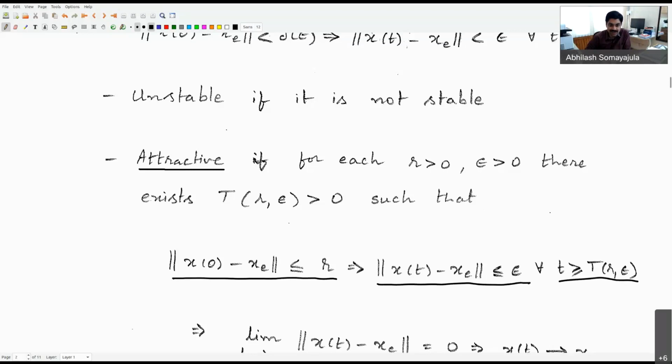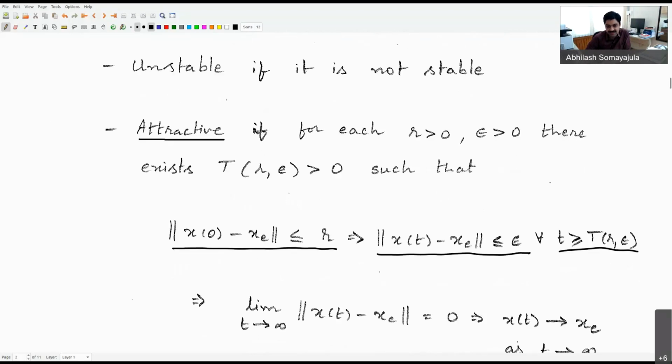Only thing is that it is saying over a certain period of time, the system will necessarily stabilize. If I start inside this region, it implies that the trajectories will be inside epsilon for all time t greater than capital T of r comma epsilon.